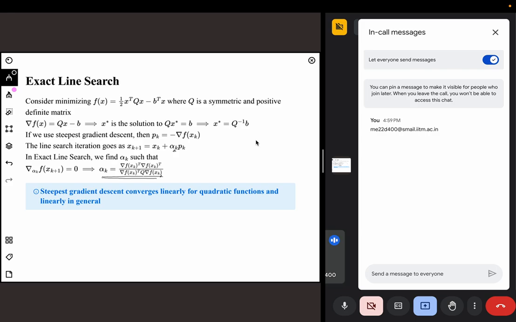You can directly get it from here. So if I take del alpha k of f of xk plus 1, if you apply the chain rule, this will be del with respect to x, f of xk plus 1, and then you will have dxk plus 1 by d alpha.